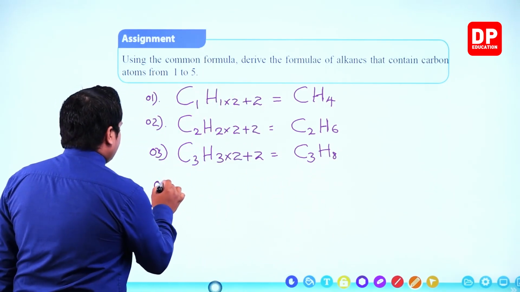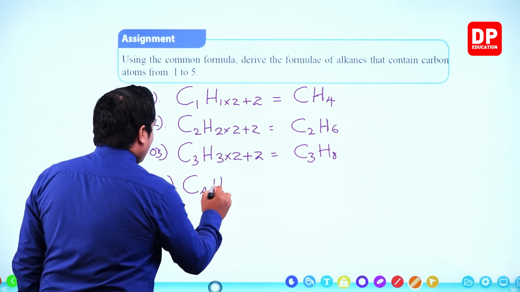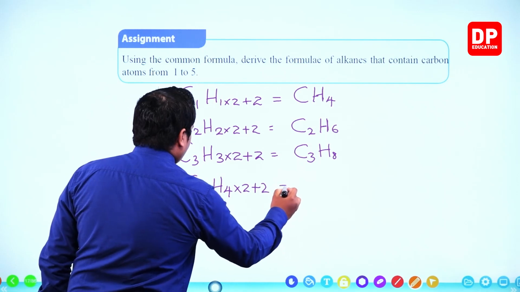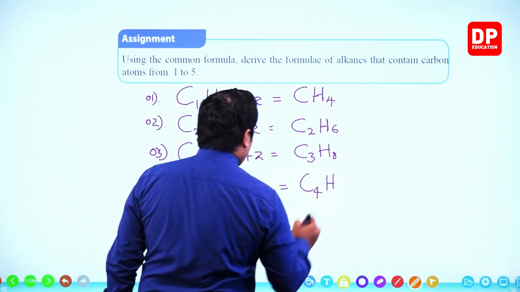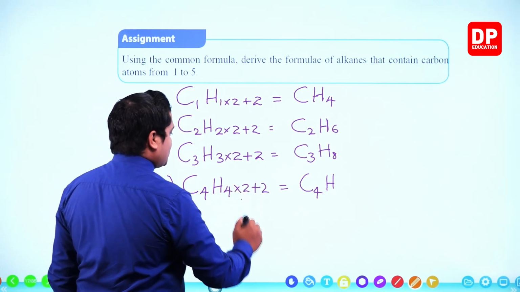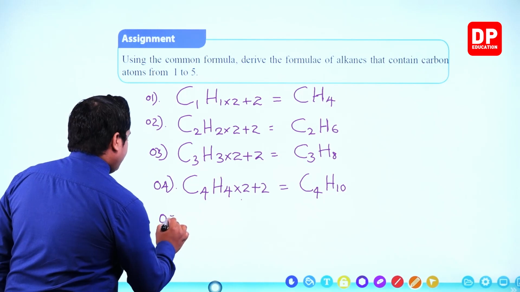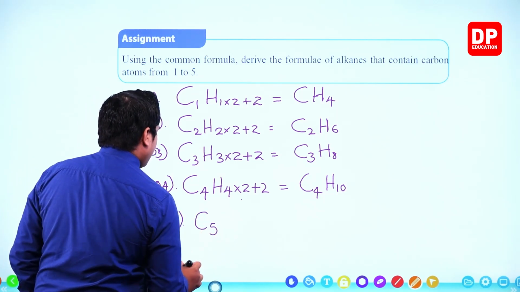Next one, number 4. Carbon 4, hydrogen 4 times 2 plus 2. C4H10. Number 5, the final one, C5, right?